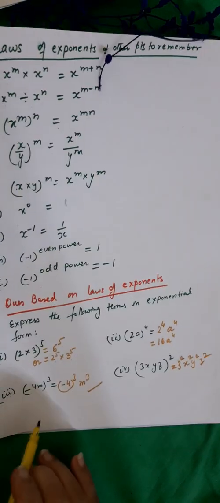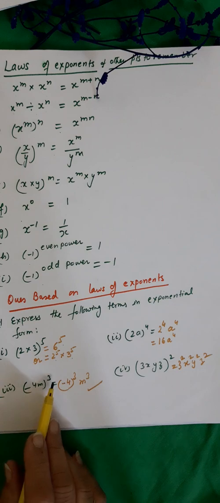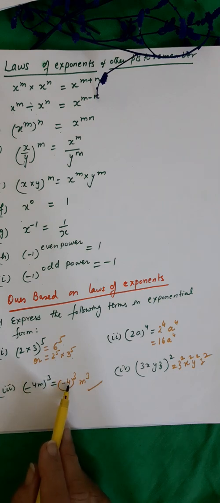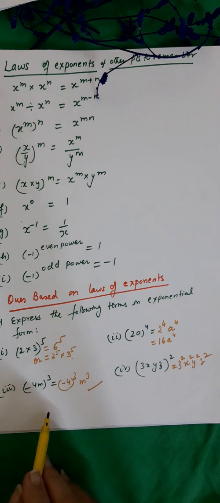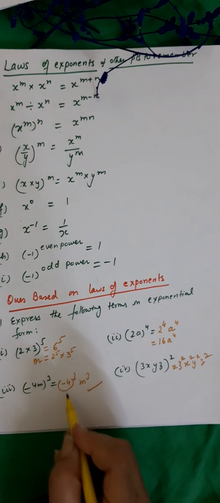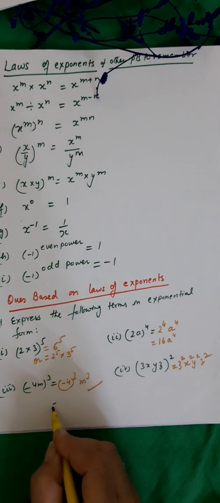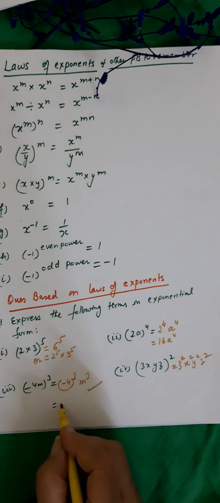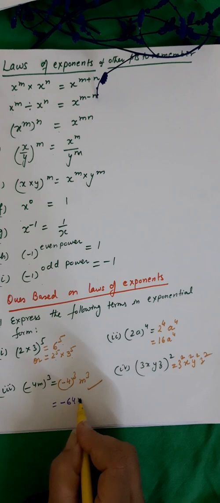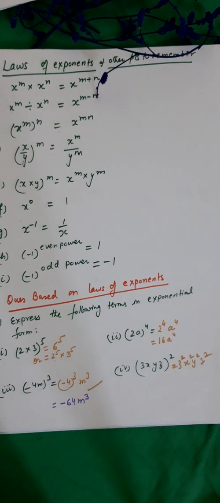Next, minus 4m whole raised to the power 3. So this would be minus 4 raised to the power 3 into m raised to the power 3. But if you have to simplify also, then you will solve it further. That means 4 4s are 16, 16 4s are 64, minus 64 m raised to the power 3.